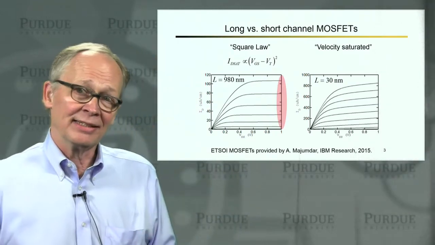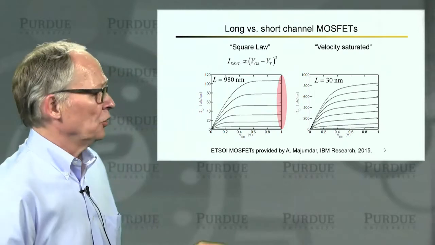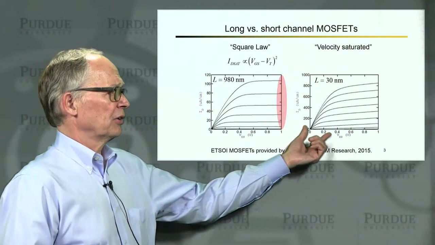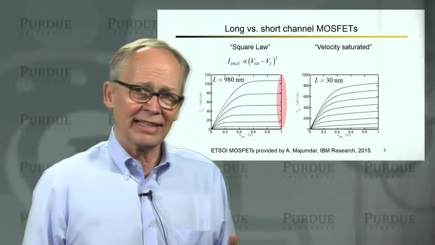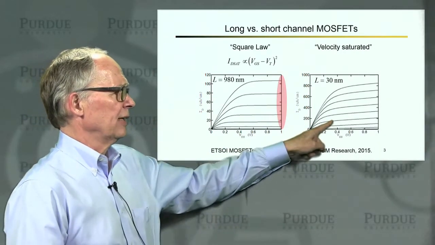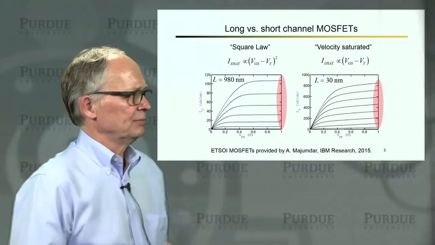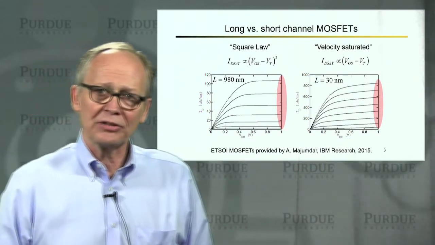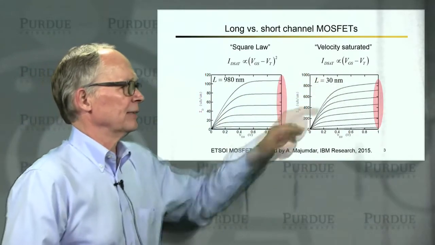Now you don't see many of these devices these days because channel lengths are much shorter. You see transistor characteristics that are more like this. So this is a 30 nanometer channel length in the same SOI technology. But now you can see that if you look in the saturation regime, if we look at how the saturation current increases with gate voltage, it goes linearly with VG minus VT.